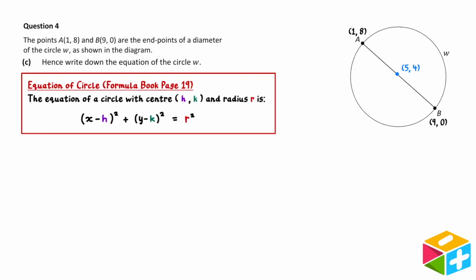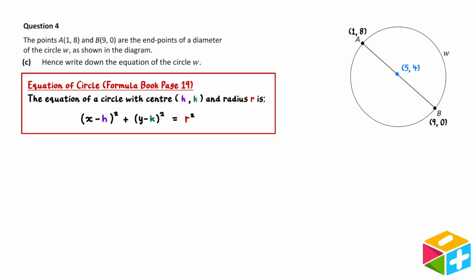The equation of a circle formula on page 19 of the formula book will help us here. It says that the equation of a circle with centre h, k and radius r is x minus h all squared plus y minus k all squared is equal to r squared.